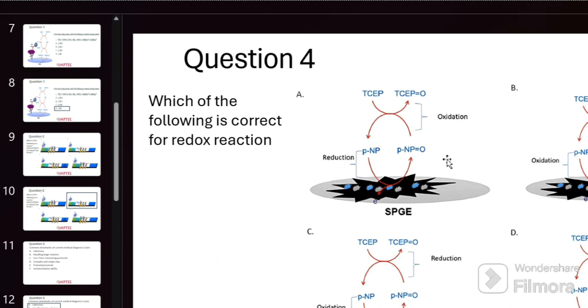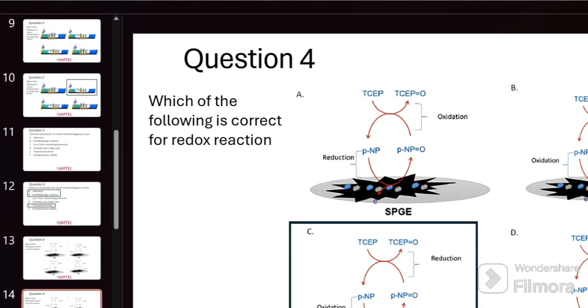A release happens in an oxidation reaction. So the reaction at the electrode cannot be a reduction reaction, it has to be an oxidation reaction. And since it's a redox couple, it should have reduction and oxidation both happening. So the answer is C.